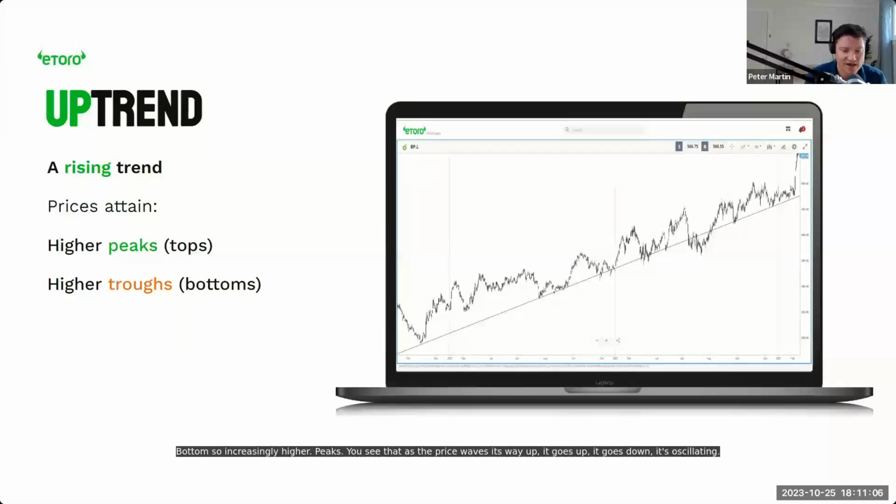As the price waves its way up, it oscillates, but the lower swings in price, these troughs, the bottoms, are all increasingly higher. And the same is true of the peaks, where we're seeing the price swing back down.